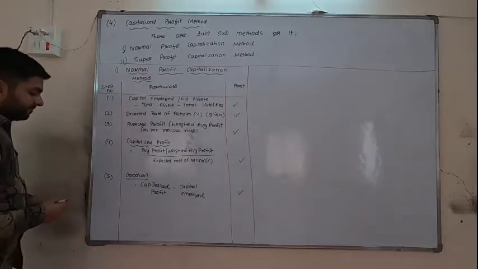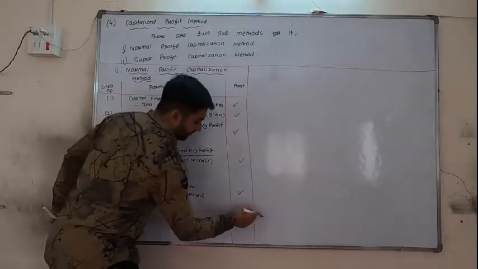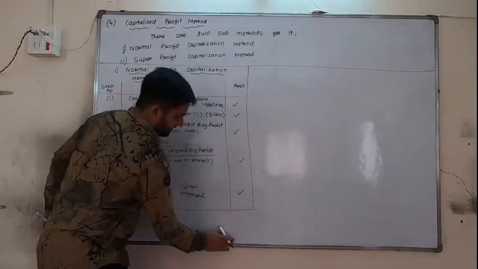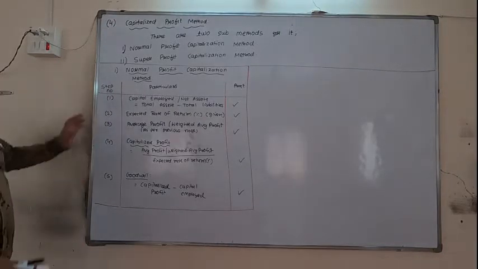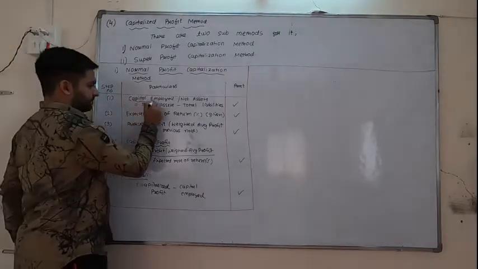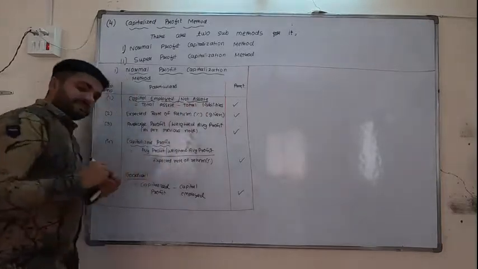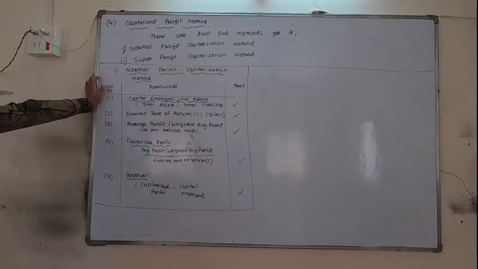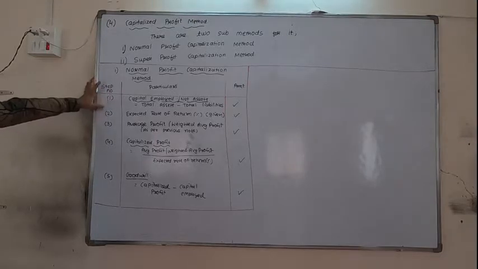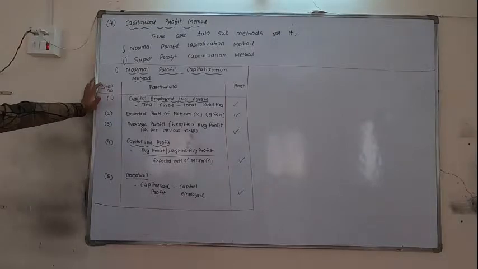So friends, the steps given in normal profit capitalization are a little different. Which are the steps? Capital employed or net assets, formula total assets minus total liabilities. Second step, expected rate of return in percentage, it will be given. See, these two steps are the same. Third step is not expected profit.